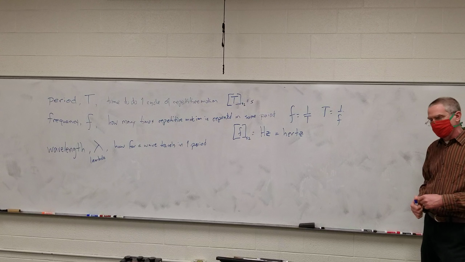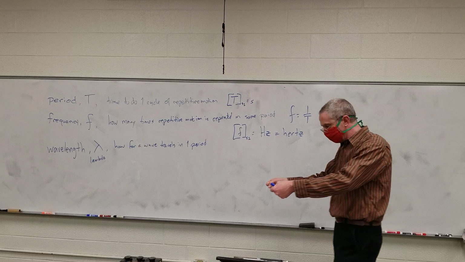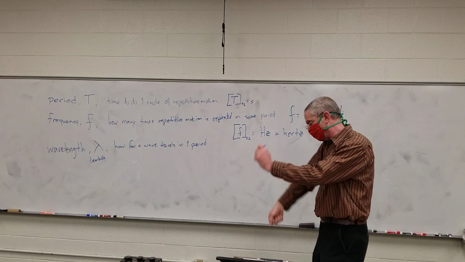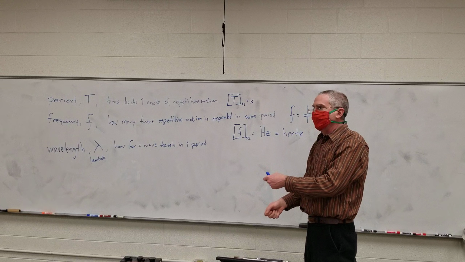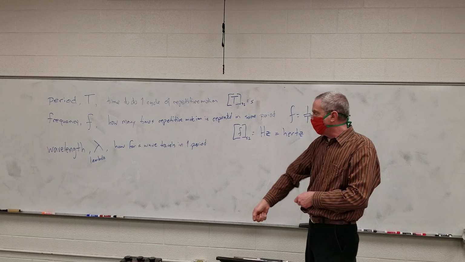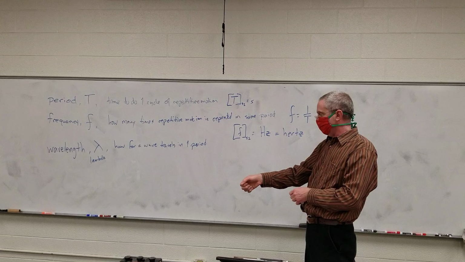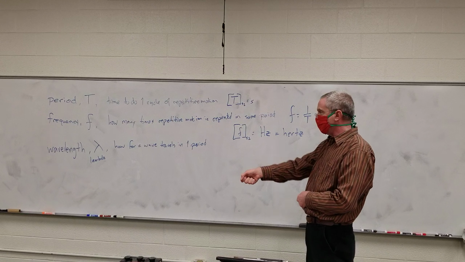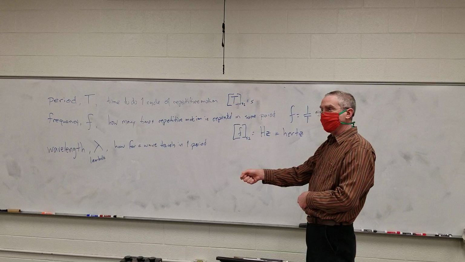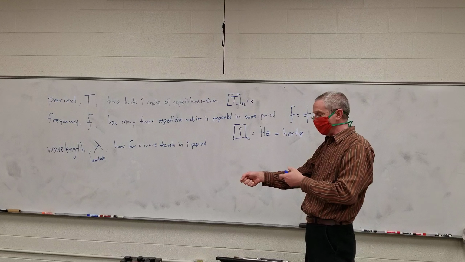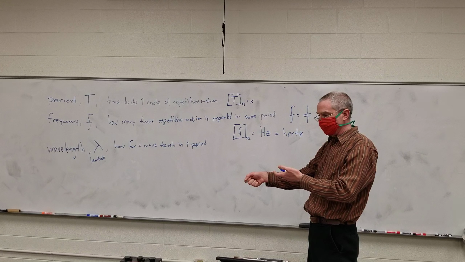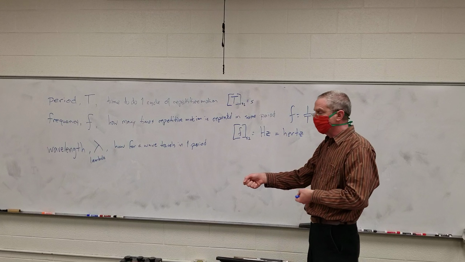So if I've got battle ropes attached, and I got these two big ropes attached to the door over there, and I start going up and down like this, the period is how long it takes for my hand to go from here to here and then back to where I started. Not just, so if I'm starting in the middle, the period is not from here to here because I'm going in the opposite direction. So basically I want to get to the same point in position and velocity.